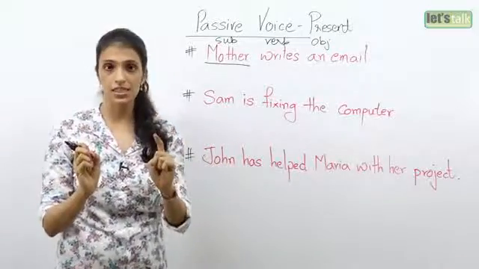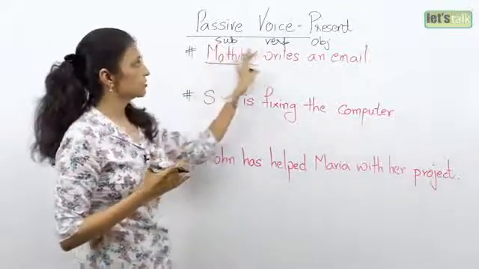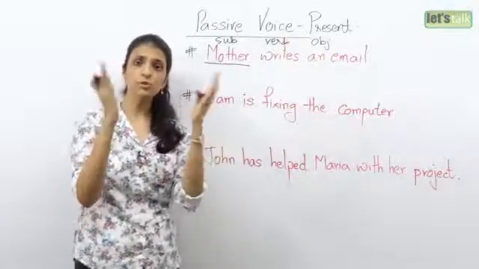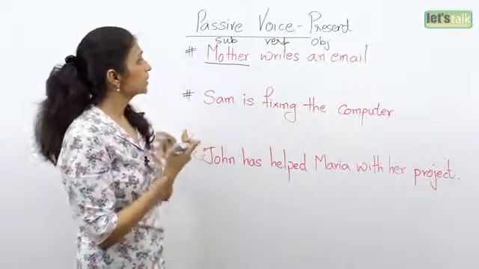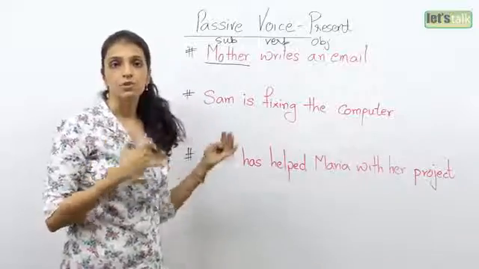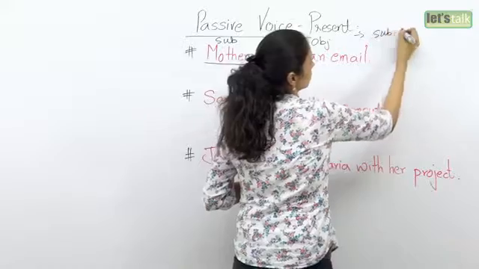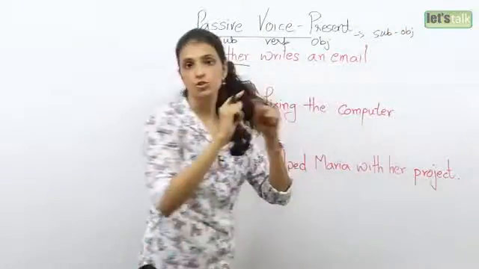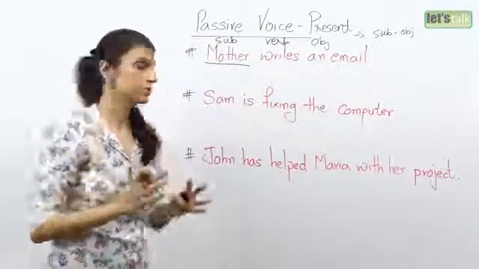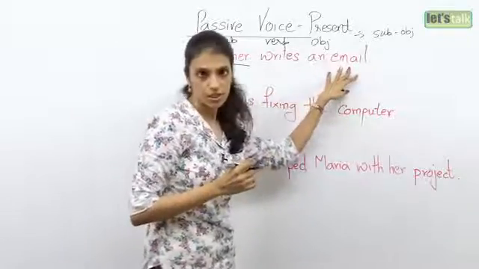So the first thing is, after you identify the subject verb object, you have to interchange, okay? So you have to make the object subject and subject object, okay? So subject object, okay, you interchange them, because now you're going to give importance to the object.